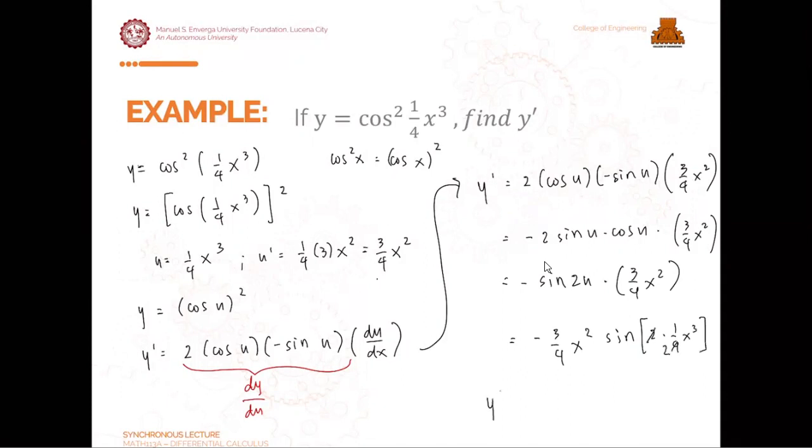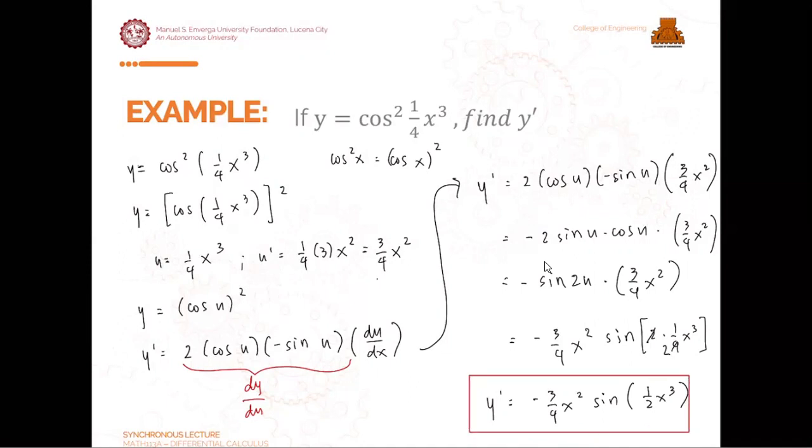So, our final answer will be negative 3/4 x squared sine of 1/2 x cubed. That is its simplest form, and that is our derivative for that given problem.